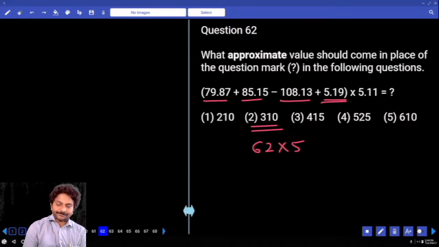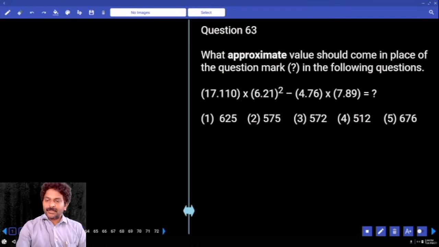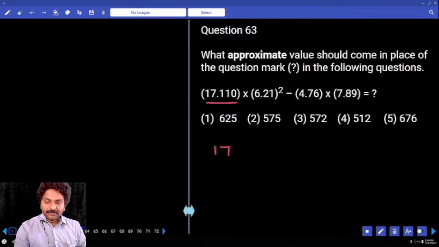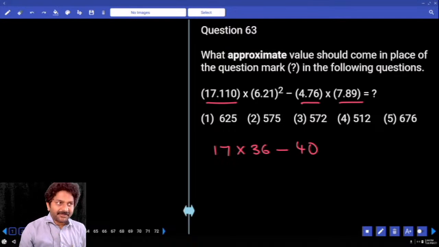Yes? 17 into 36 minus 5 into 8. 40. Can you verify by last digit verification? No. It is approximations, so you shouldn't do it. Last digit checks, multiplication and divisibility checks shouldn't be done in approximations. 17 how many times?